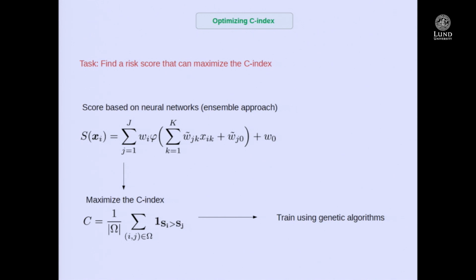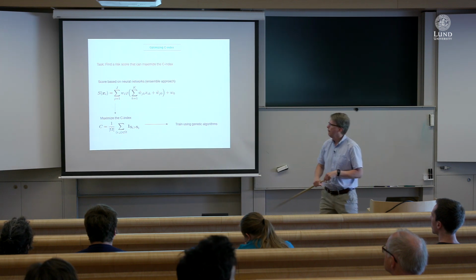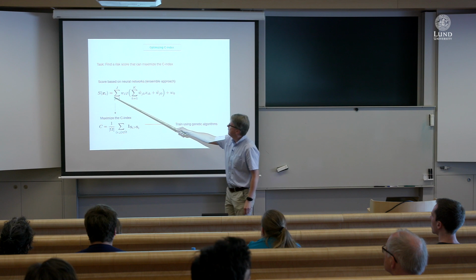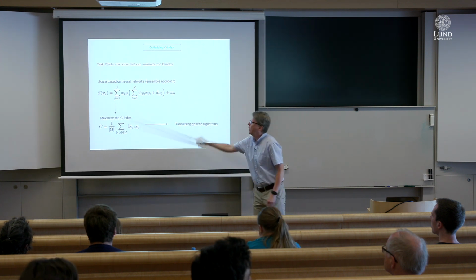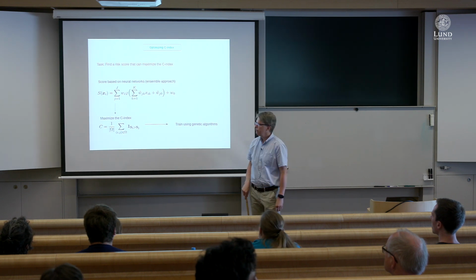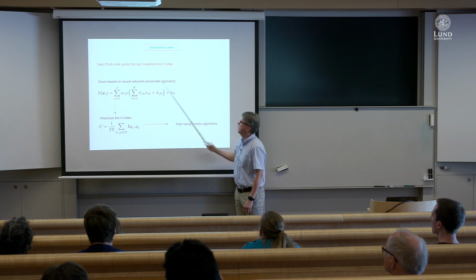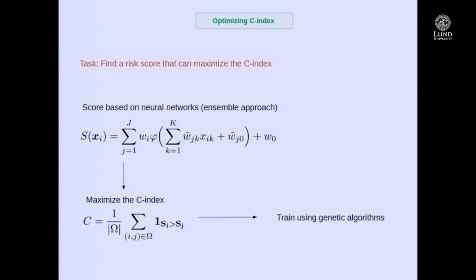High score, high probability of an event. If you're into the neural network business, you would identify this as a one hidden layer neural network. So I can construct a neural network, and the purpose of that neural network is just to output a number.